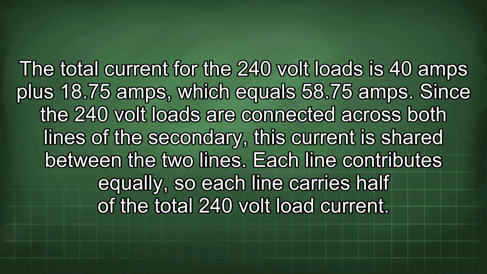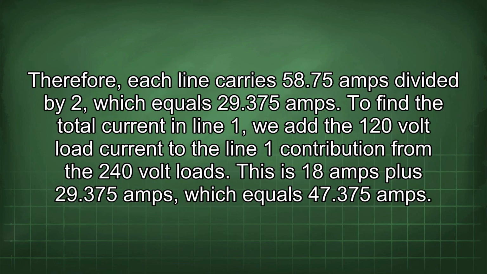Since the 240 volt loads are connected across both lines of the secondary, this current is shared between the two lines. Each line contributes equally, so each line carries half of the total 240 volt load current. Therefore, each line carries 58.75 amps divided by 2, which equals 29.375 amps.